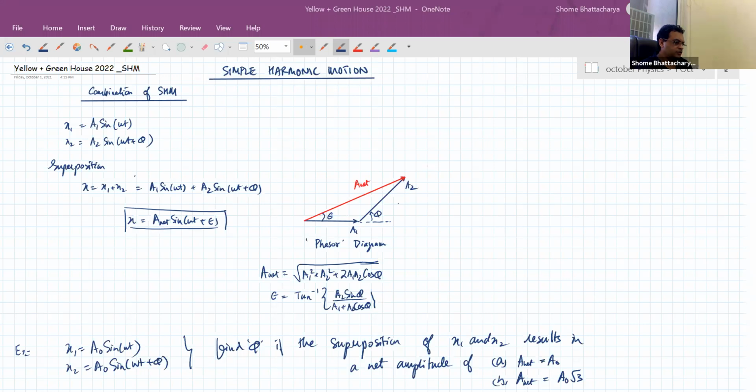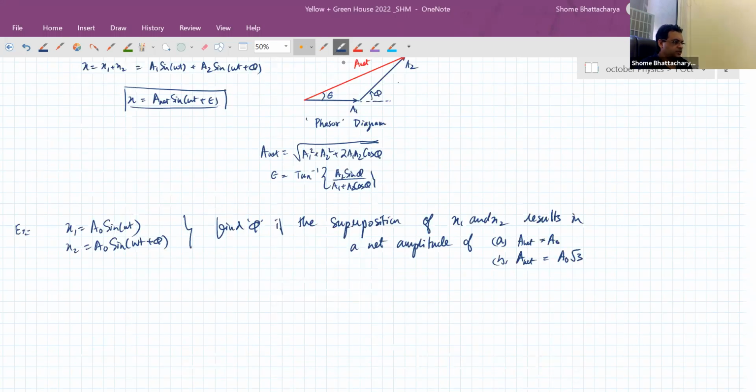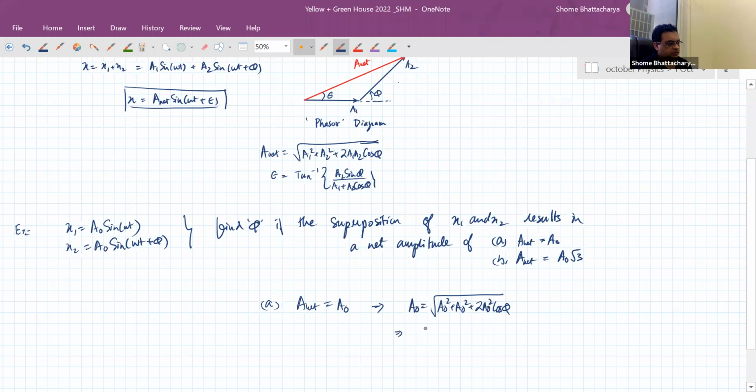Okay, so let's look at the solution of this. It's pretty simple. In the A part, if you use the formula and square both the sides, we'll get this.